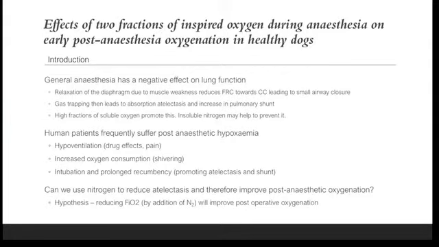And this is due to muscle weakness causing relaxation of the diaphragm, which causes a reduction in the functional residual capacity, which is the volume of gas which remains within the lung at the end of a normal expiration.